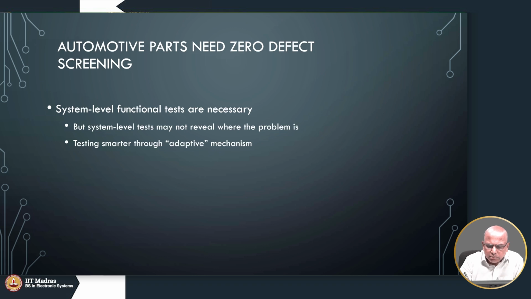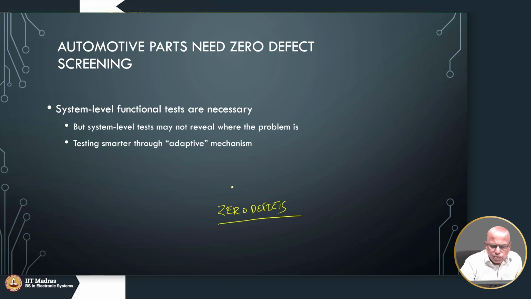But at the same time, they want, if possible, zero defects. That means their quality requirement is very high.